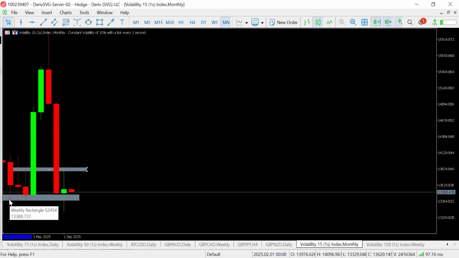Now, I also like to draw my key zones. And one major key zone that easily jumps out to us on this monthly time frame is this support zone here. Why is it very important? We can see that almost every candlestick on the chart got to hit this support and was rejected at the support zone.